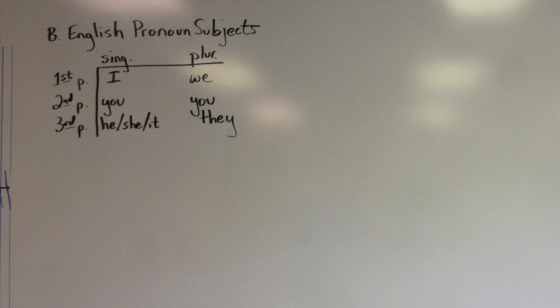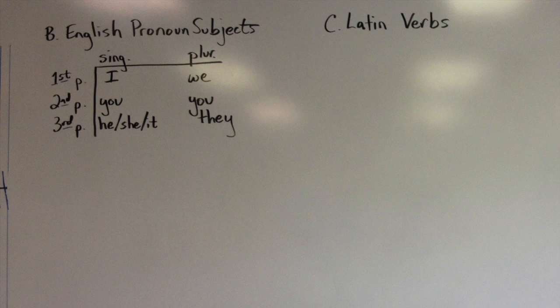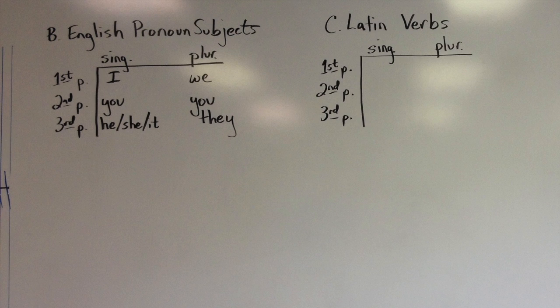Now that we have that English pronoun chart, we can look at Latin verbs. So head that next section with Latin verbs. We're going to create an identical chart with singular and plural, first, second, third person.